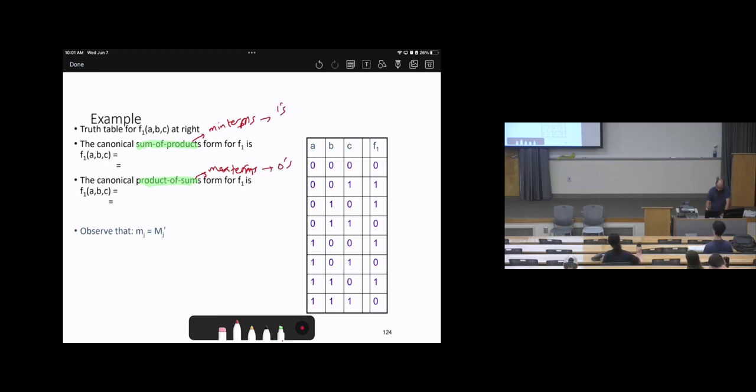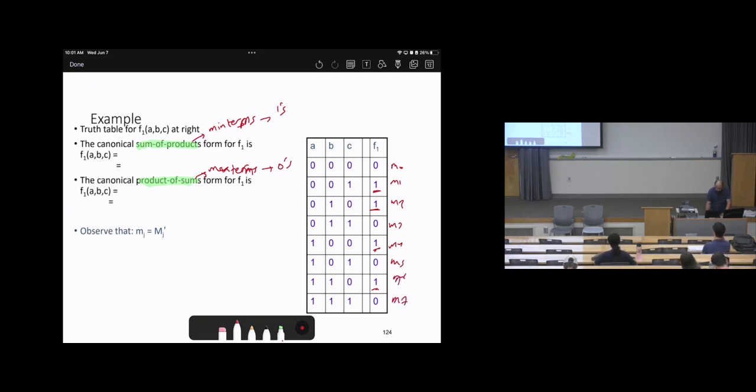Look at the location of ones. Regarding the minterms, here we have 1, we have 1, we have 1, we have 1. Now in this truth table, whenever you see it like this, I recommend you write it like this: m0, m1, m2, m3, m4, m5, m6, and m7.